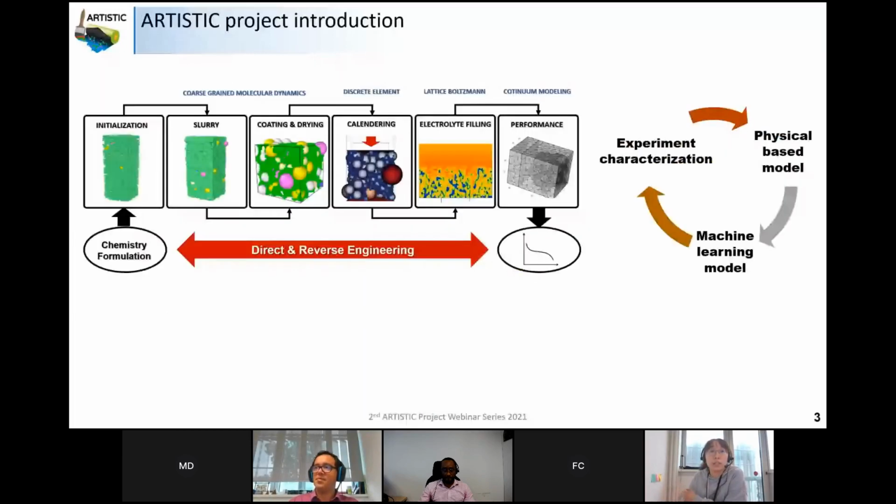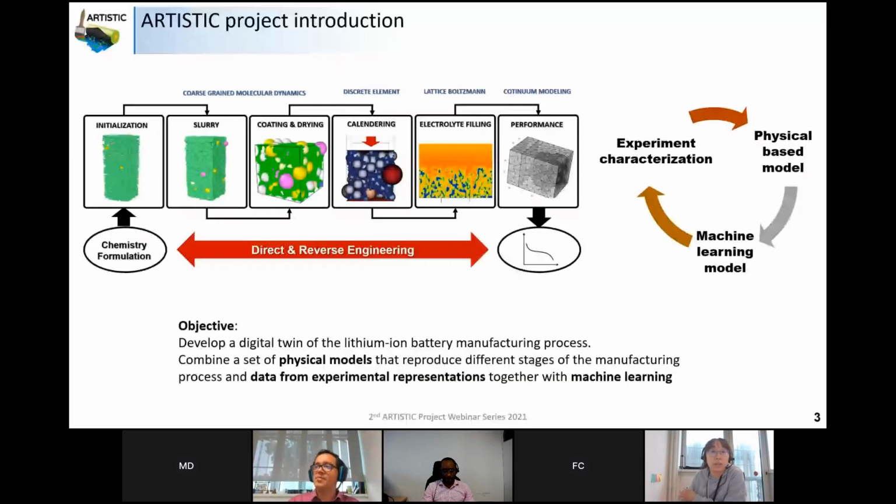I would like to begin with our ARTISTIC project. The objective of our project is to develop a digital twin of the lithium-ion battery manufacturing process. We combine a set of physics-based models that reproduce different stages of the manufacturing process with data from experimental characterization, together with machine learning.